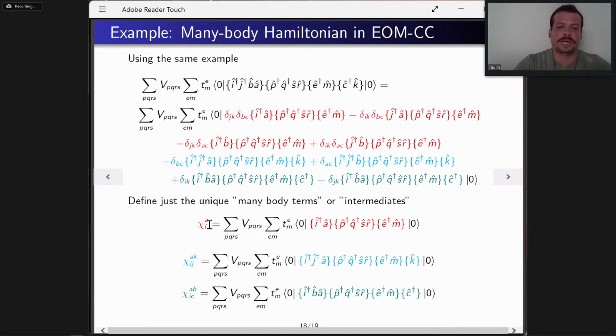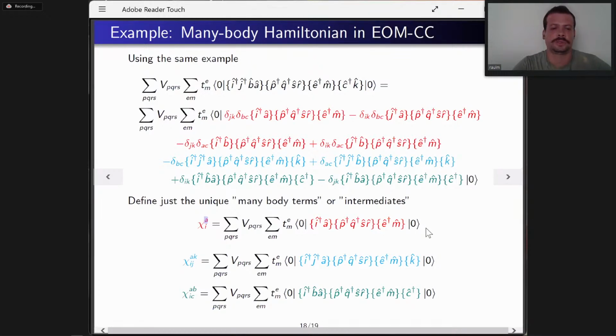So in this case, I define one called IA. This will be my definition of this first term. You see, if I exchange the I for the J, I will obtain this term, the A for B, this term, and the I and the A for J and B, I will obtain this term.